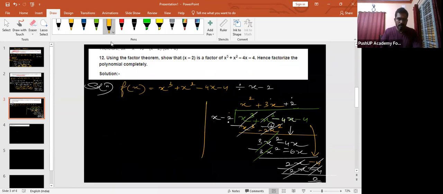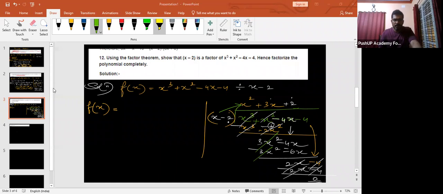So you got f of x. Children, can't I write f of x as the product of the divisor and the quotient? I can do it, isn't it? Because earlier also I have taught you this. Suppose you are dividing 63 by 9. 9 into 7 is 63, and the remainder is 0.